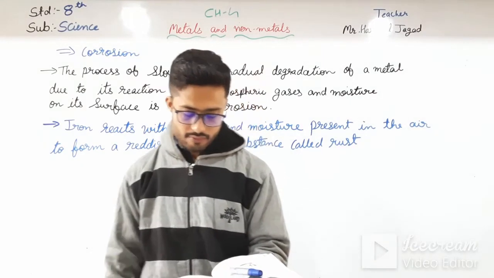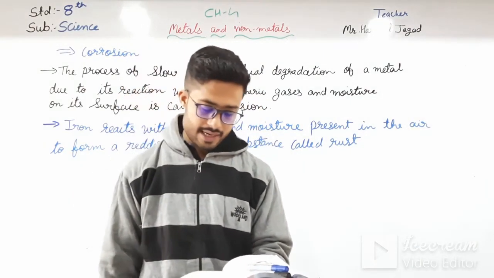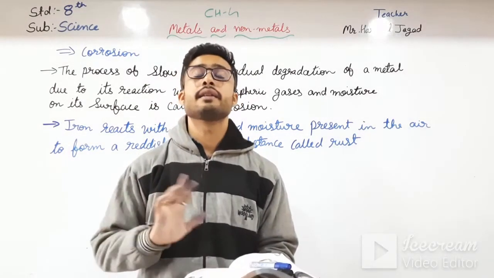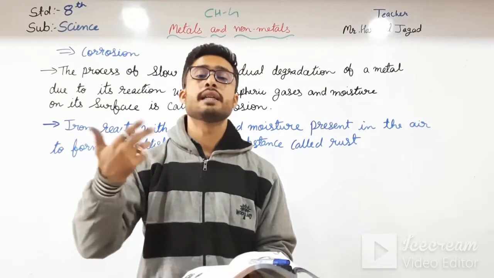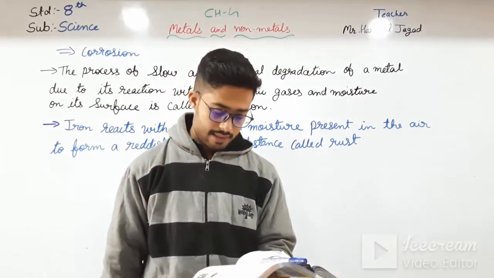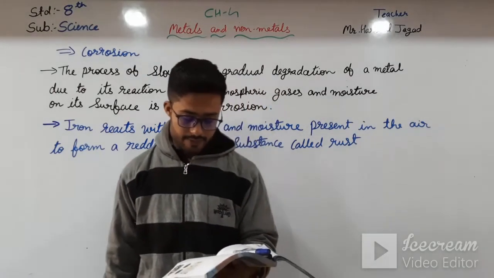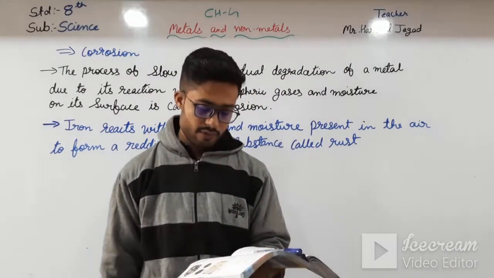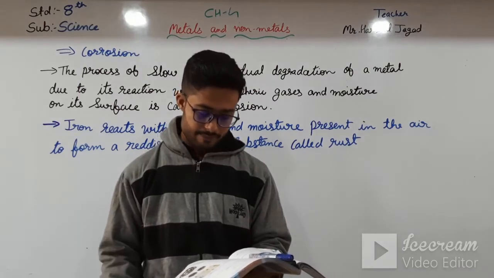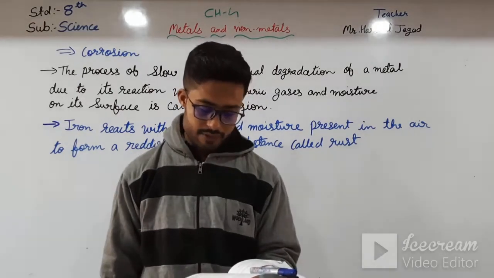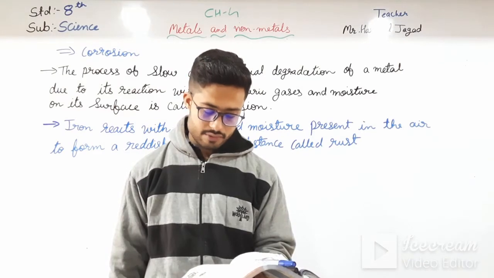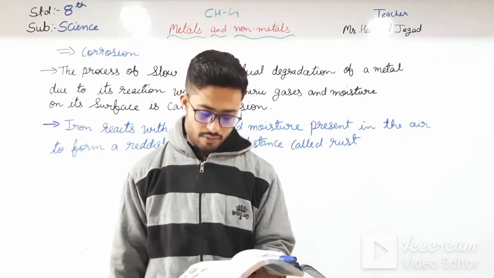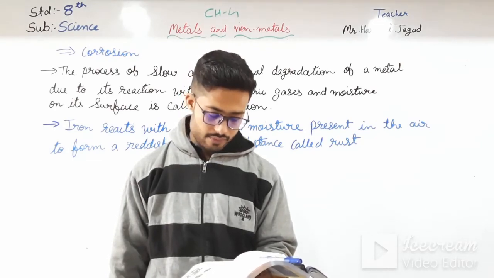Then coming towards why aluminium doesn't get corroded with time. See here, aluminium doesn't corrode with time. Why? See here, aluminium in the presence of atmospheric gas and water forms a protective aluminium oxide layer over its surface. The layer of aluminium oxide does not flake off and sticks to the metal. This prevents the metal below the layer from exposure to air and water.